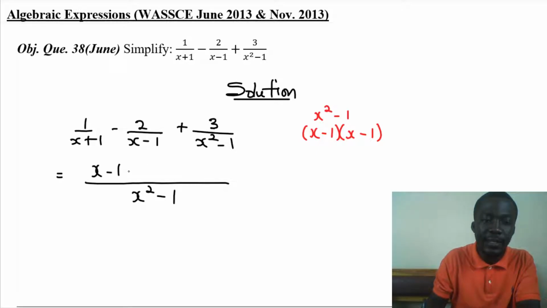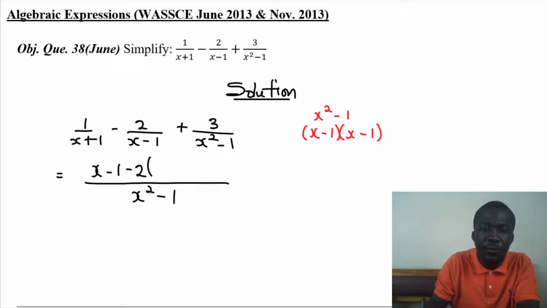Then the next term, minus 2 into bracket x minus 1 goes into x squared minus 1. We'll be left with just x plus 1. Then plus 3. X squared minus 1 goes into x squared minus 1, it will be 1. So 3 times 1 is the same 3.